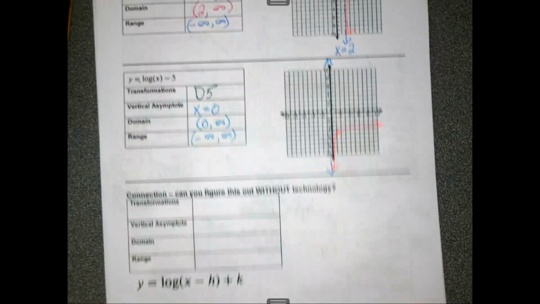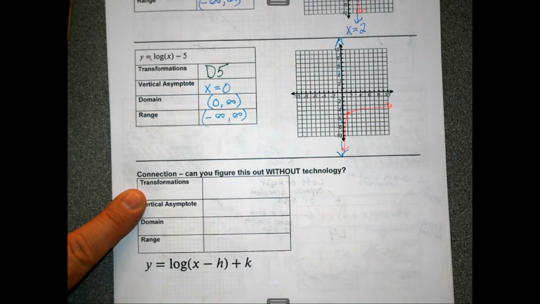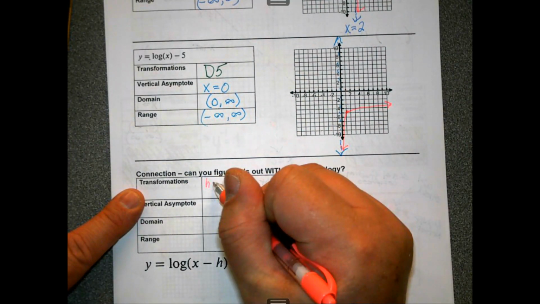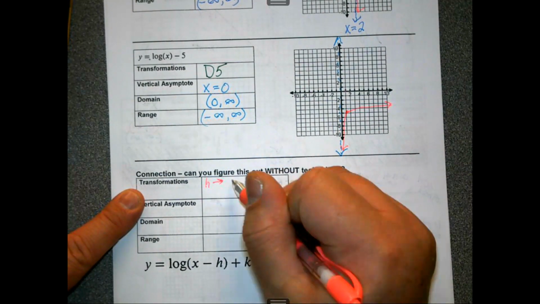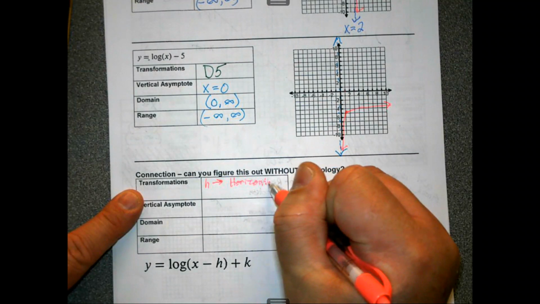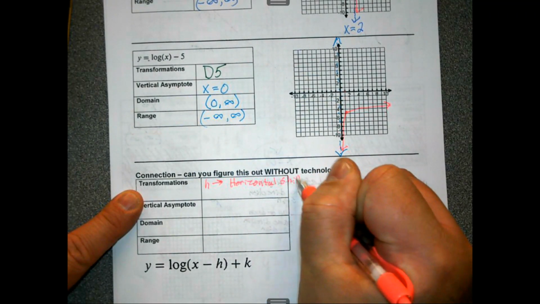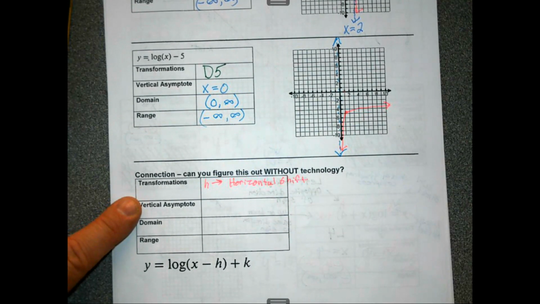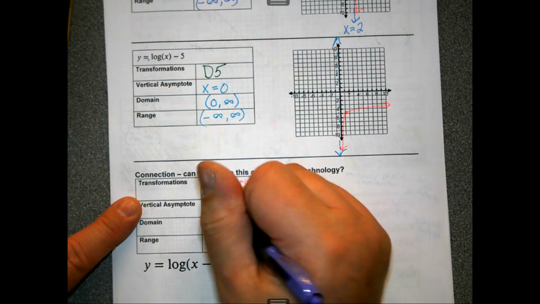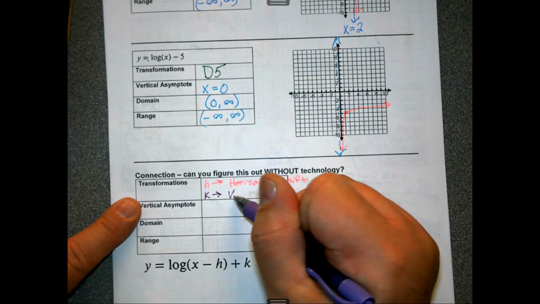So let's see if we could sum this up. Transformations. My h is the horizontal shift, right? My k is vertical shift, right?